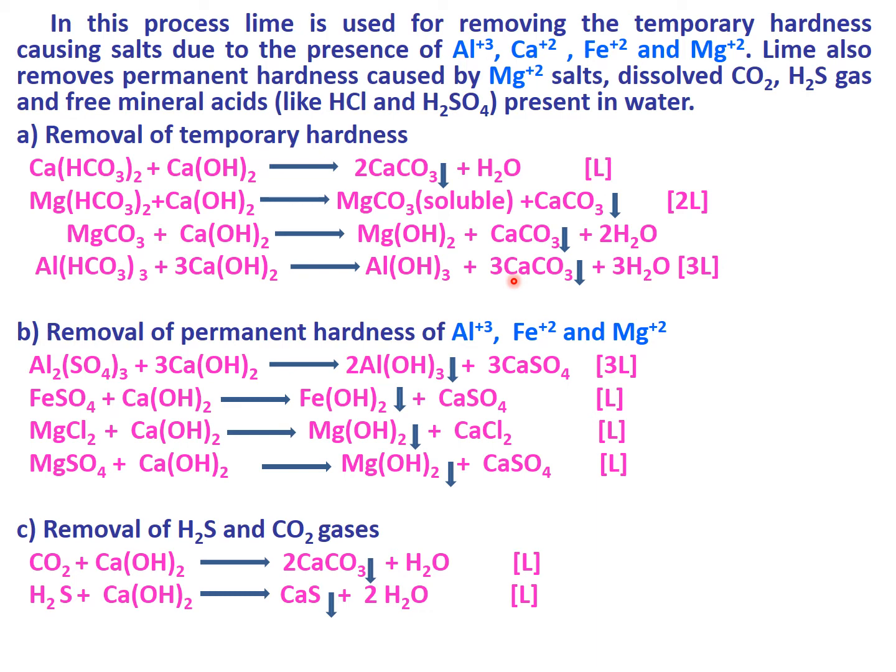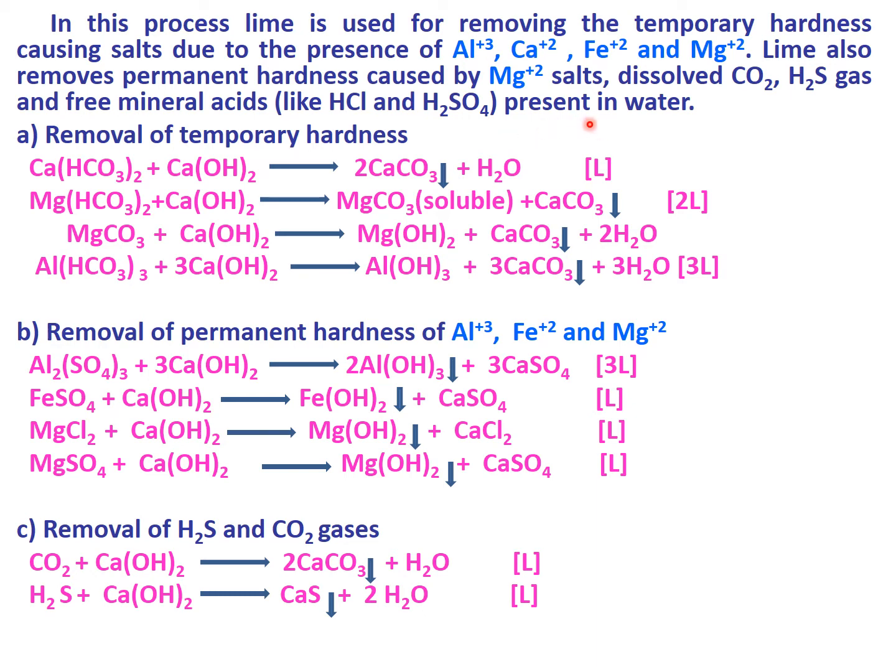In this process, lime is used to remove temporary hardness causing salts due to the presence of aluminium, calcium, iron and magnesium. Lime also removes permanent hardness causing salts of magnesium, and dissolved CO2, H2O, and free mineral acids which are present in hard water.